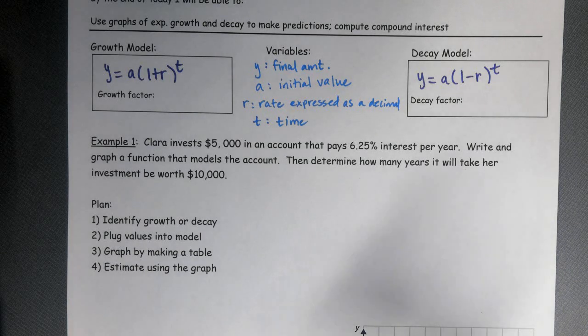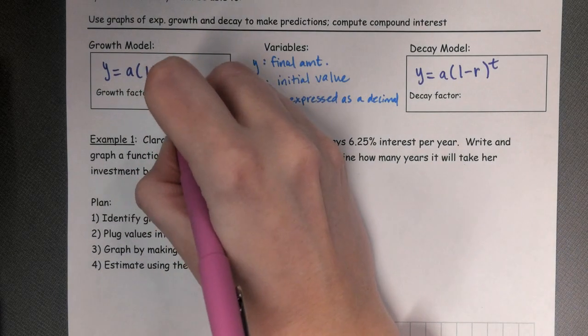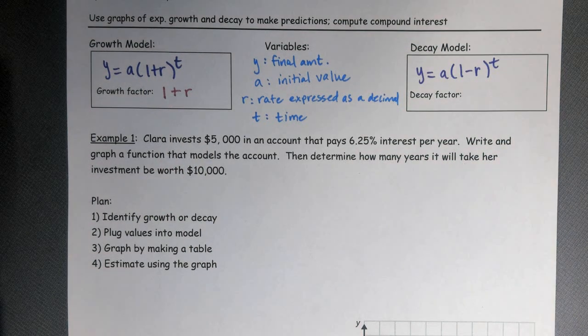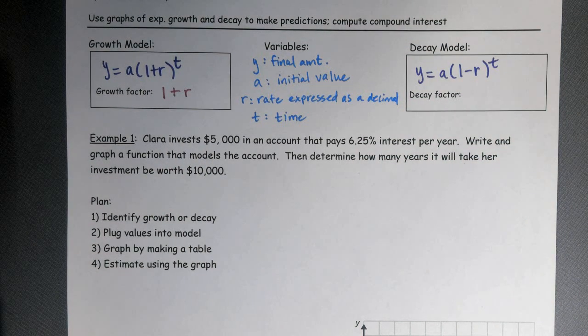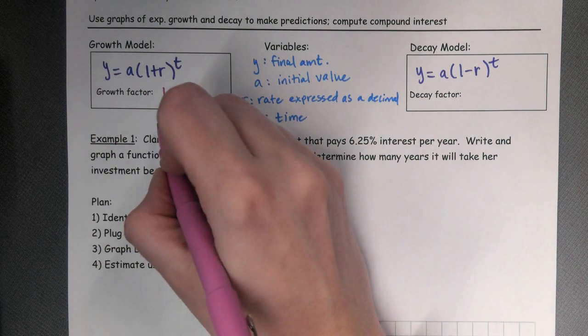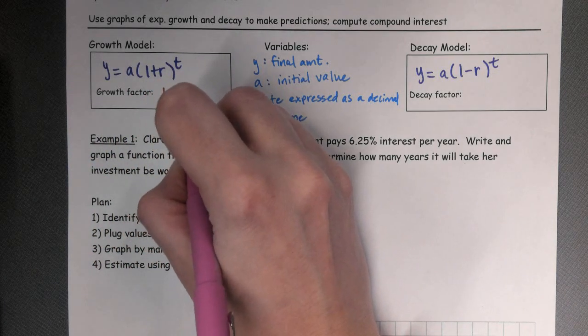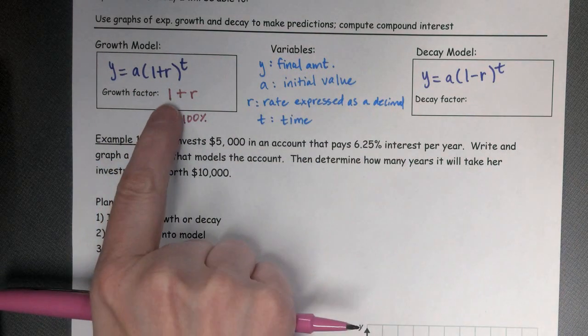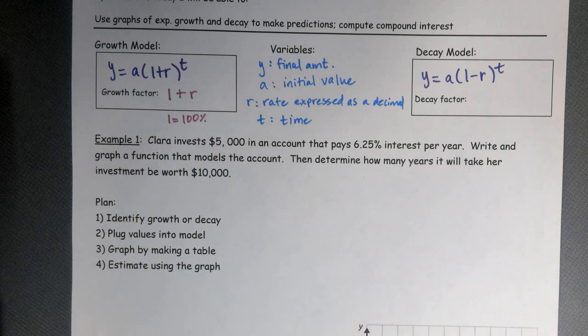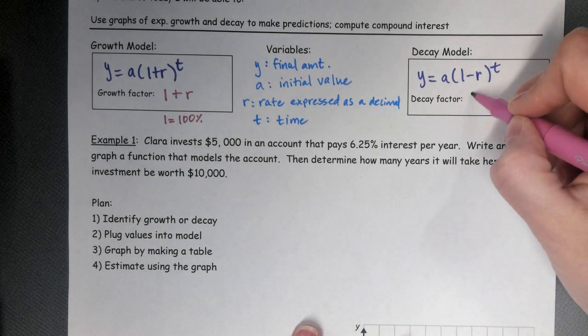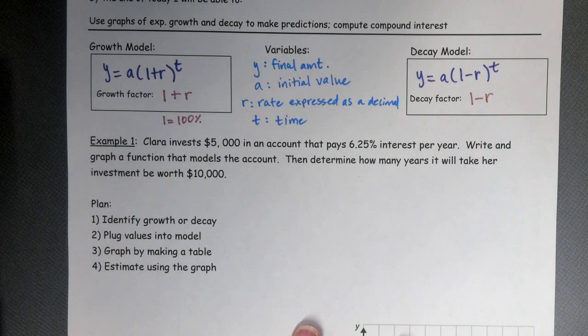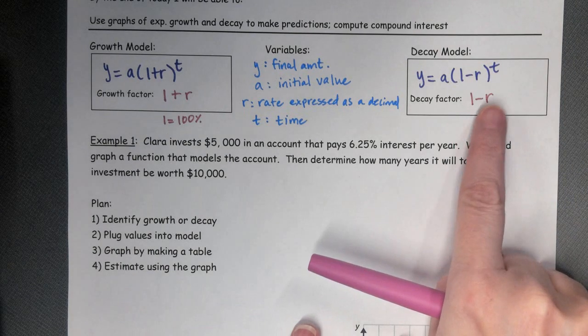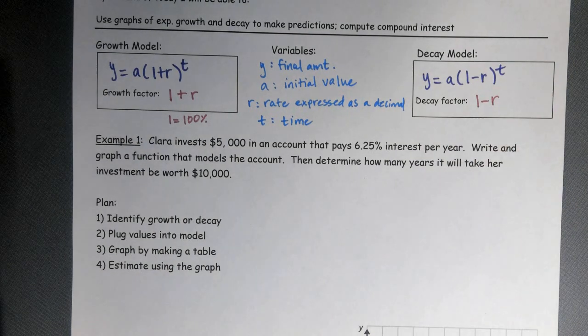And the growth factor is 1 plus the rate. Do you guys know as a percent what 1 represents? 100%. Yep. So that means you have everything you had before plus that rate of growth, whereas the decay factor is 1 minus r. The 1 is still 100%, but now you're subtracting whatever your rate is.